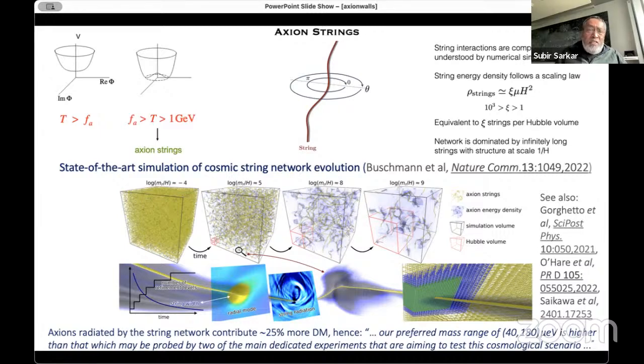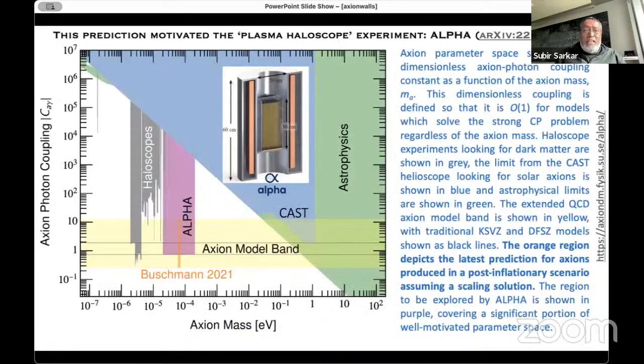The point I want to make is that experimentalists are paying attention to these arguments. For example, the calculation by Buschmann et al. motivated a new experiment, a plasma haloscope, which is currently being set up and is soon going to take data. And as the caption here says, they are focusing on this Buschmann et al. prediction of where the axion mass should be, taking into account the extra axions radiated by the string network.